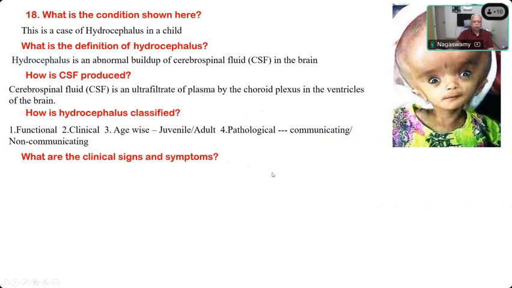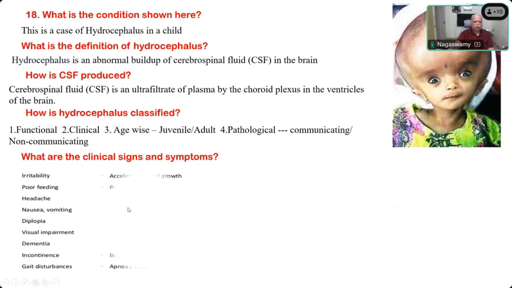What are the clinical signs and symptoms of hydrocephalus? Sir, head is larger than the body, shiny scalp with dilated veins, sunken eyeball. The patient can present with irritability, poor feeding, headache, nausea, vomiting, diplopia, visual impairment, dementia, incontinence, and gait disturbance.